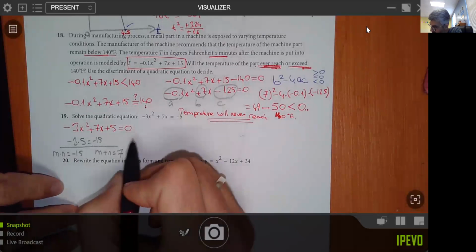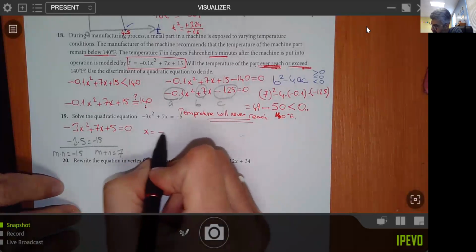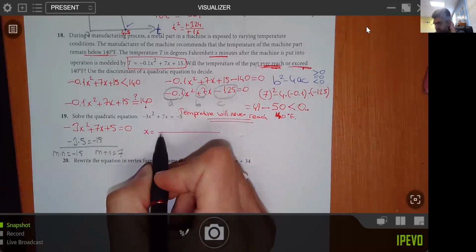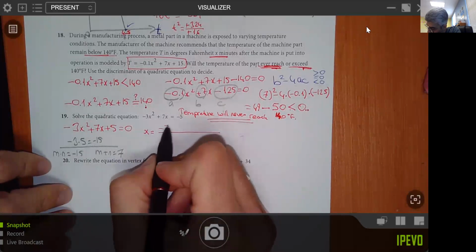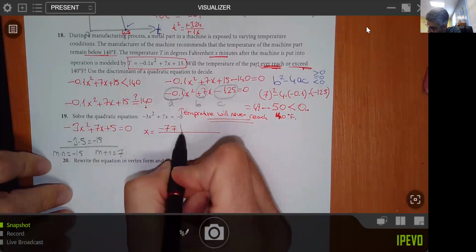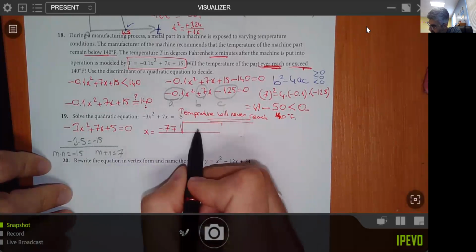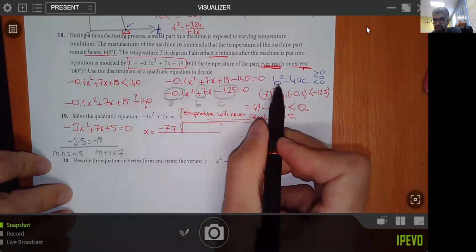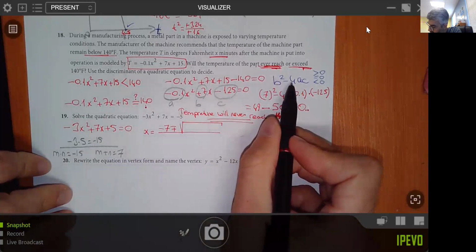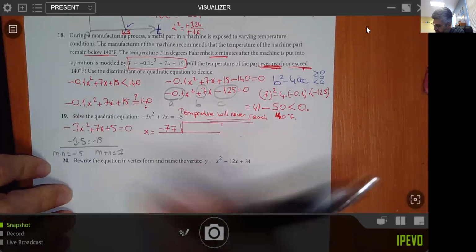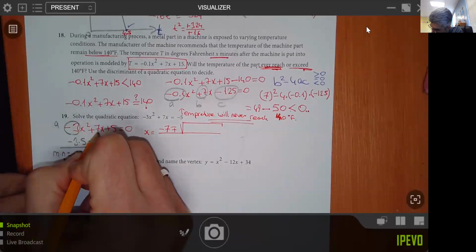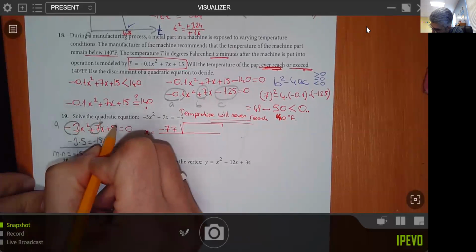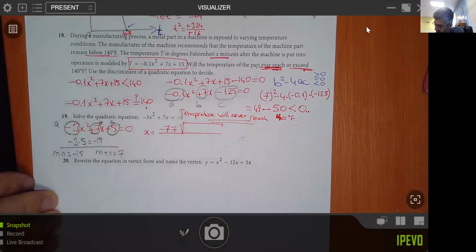Our lovely quadratic formula. X equals negative b. I just apply the formula, okay? So negative 7 plus or minus, I write here the discriminant. Here it is, you see it, b squared minus 4ac. So here, guys, a, b is 7, and c is 5.